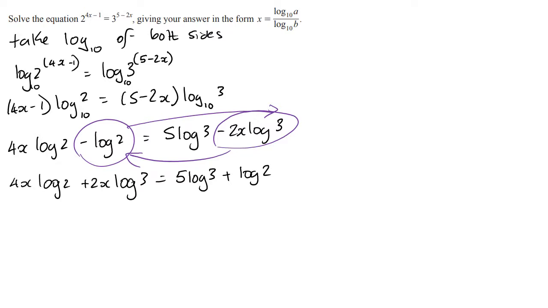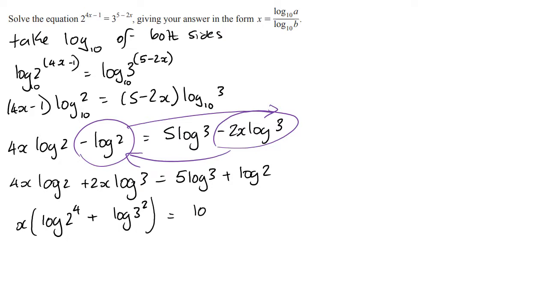Factorize this left hand side by taking out x. So then we have log 2 to the power of 4 using the power rule, plus log 3 to the power of 2, again using the power rule. I'll stick an intermediate step in there as well.